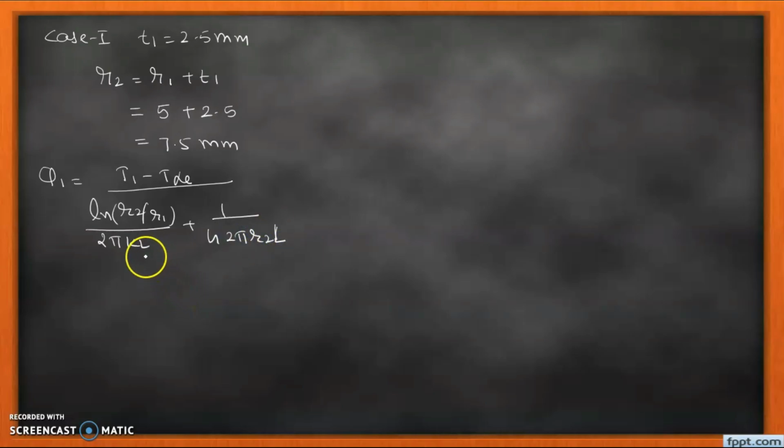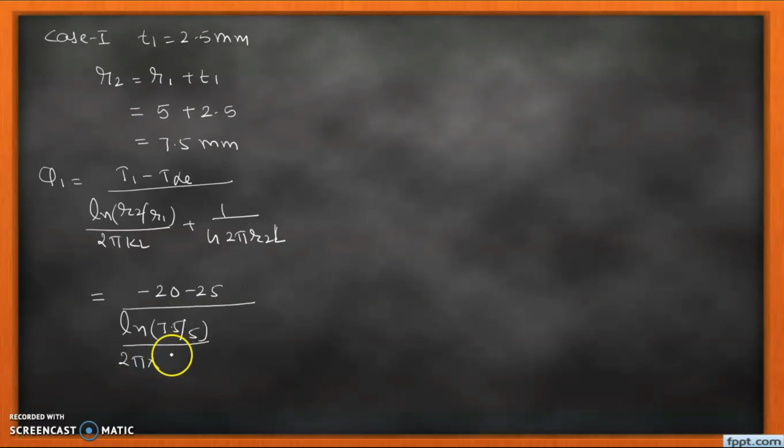Now the length of pipe is given, that is 1 meter. T1 is known to us, that is minus 20, and T infinite is 25. So we get minus 20 minus 25 divided by ln R2, which is 7.5 millimeter, and R1 is 5 millimeter, divided by 2 pi, K is the value of thermal conductivity, which is 0.5, and the length of pipe is 1 meter.